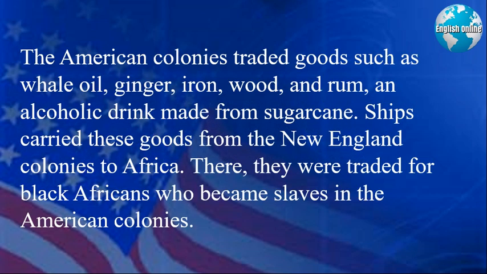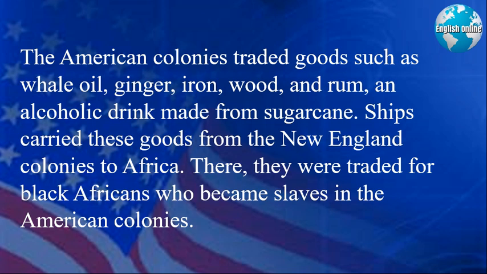The American colonies traded goods such as whale oil, ginger, iron, wood, and rum, an alcoholic drink made from sugar cane. Ships carried these goods from the New England colonies to Africa.